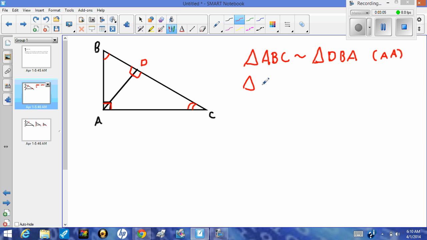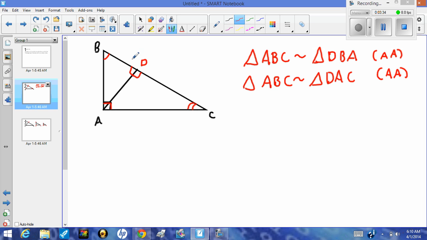So triangle ABC is similar to, and now get your statement right, corresponding angles. Angle A corresponds with angle D. We went to B this time, which is up here, and it's not the shared angle, so in this case the corresponding angle would be A, and the shared angle would be C. Again, that's by angle, angle.